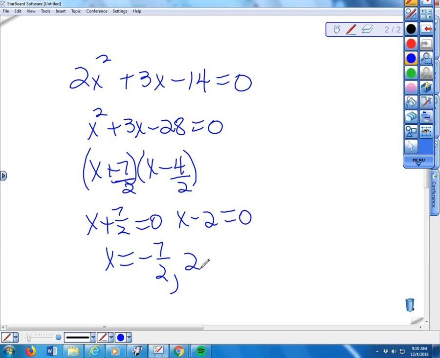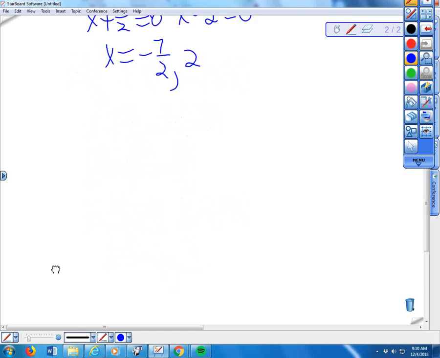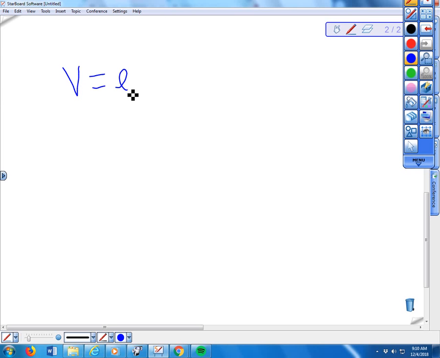Okay, number 8. This is what factoring does for us, actually solving real-world problems like this. The volume of a box is 400 cubic meters. Well, the formula for volume is length times width times height. The width of the box is 2 meters. The length is 10 more than its height.